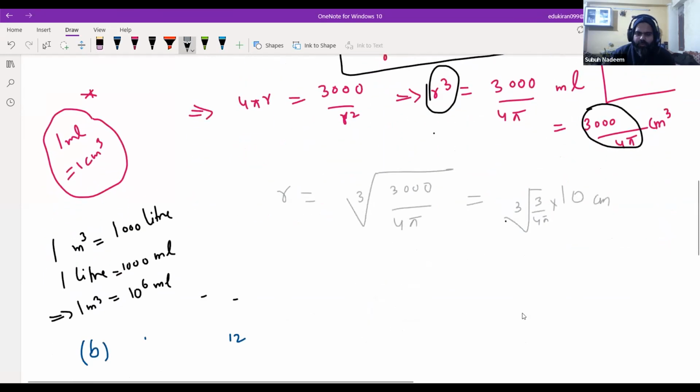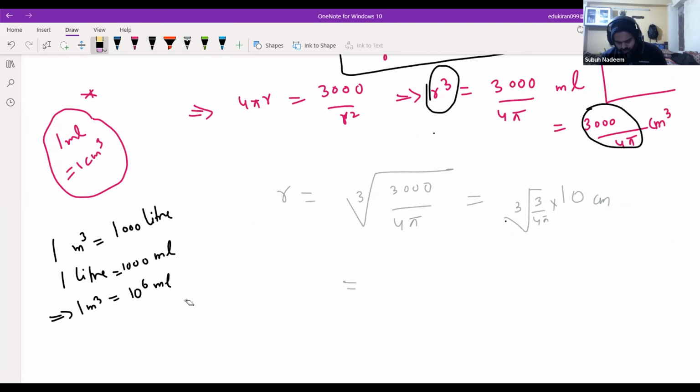Now cube root of 3 by 4 pi, you need a calculator. Are you allowed to use calculator? Yes, sir. They told we can. Okay. Then no issue. I was calculating manually and I thought that calculation is not allowed.